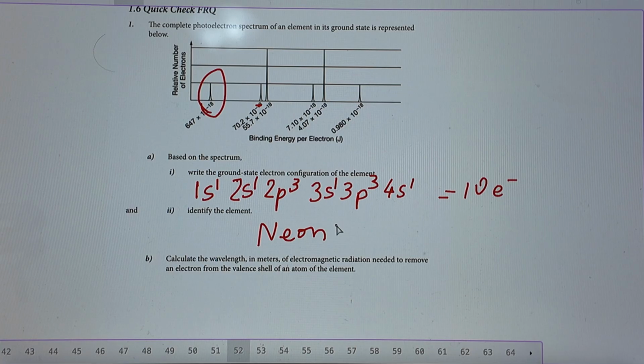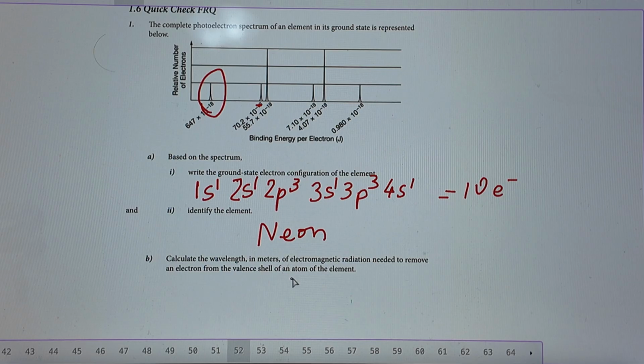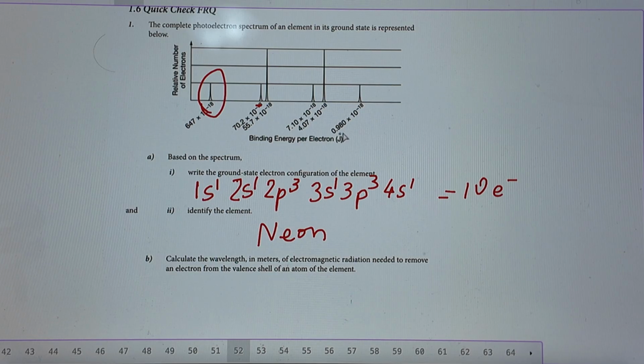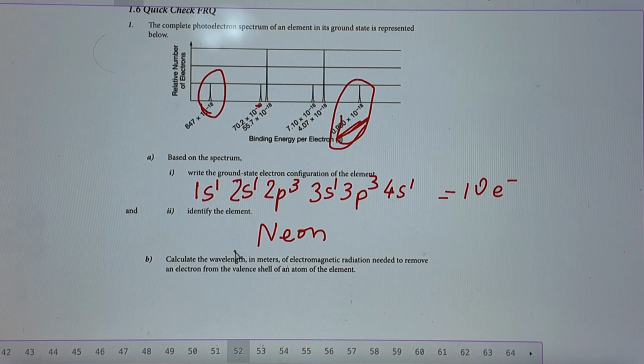Okay. And then it asks, calculate the wavelength in meters of the electromagnetic radiation needed to remove an electron from the valence shell of this atom. So if you look here, the valence shell would be right here. So that would be 0.980 times 10 to the negative 18.